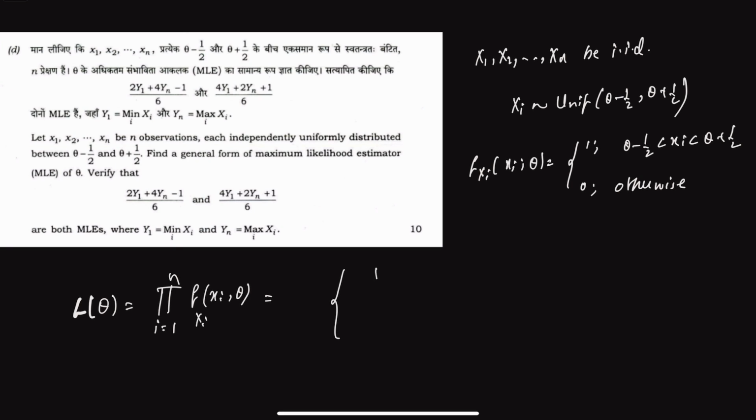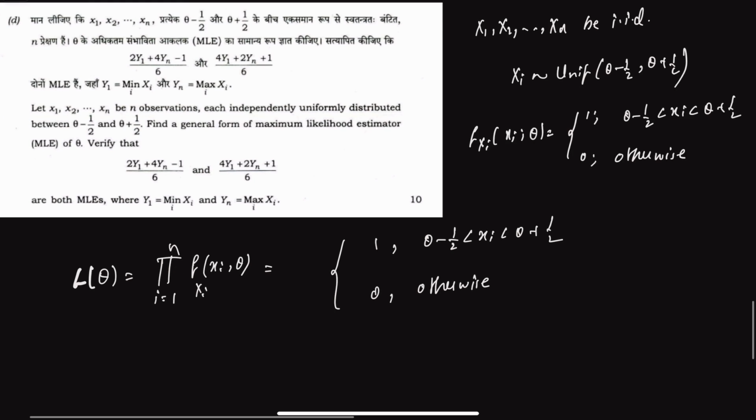And since they are independently and identically distributed, the likelihood is just the product of this density function, which is 1 if the xi's are between theta minus half and theta plus half, or 0 otherwise.